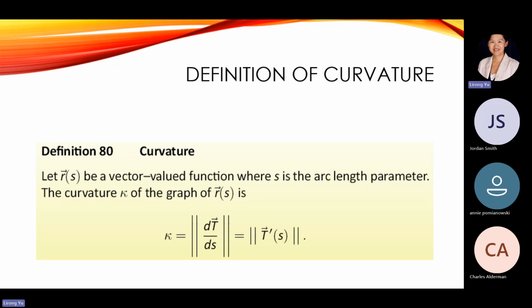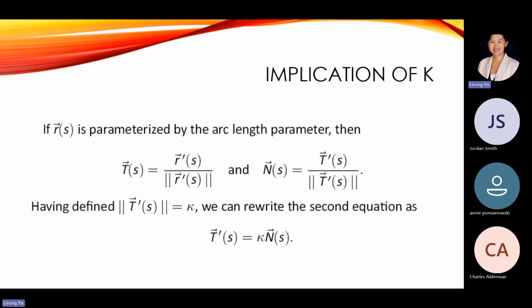The direction of T prime should be the normal vector. The magnitude of T prime is now being called curvature. That's the definition. And we certainly wish to have an easier way for the calculation. We can't always do the conversion of variable all the time. So we wish to find some other quicker way to determine or calculate K.